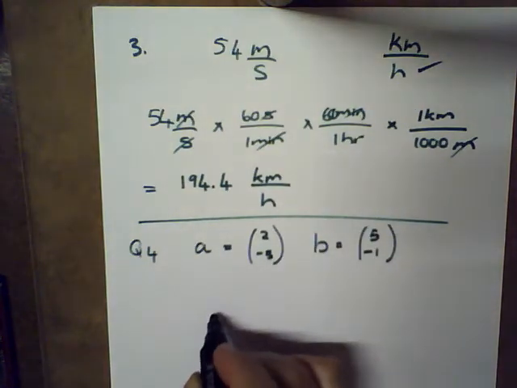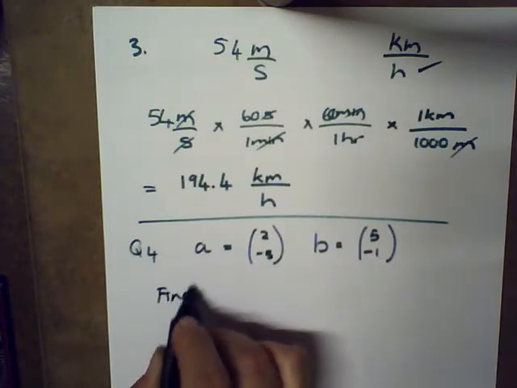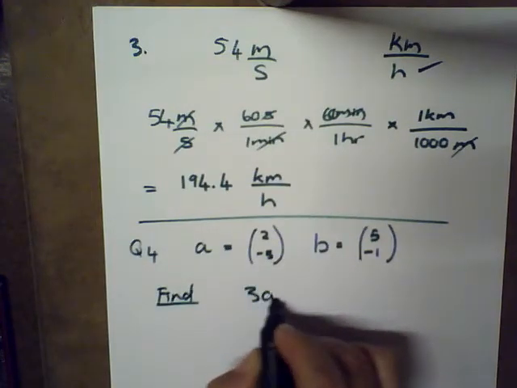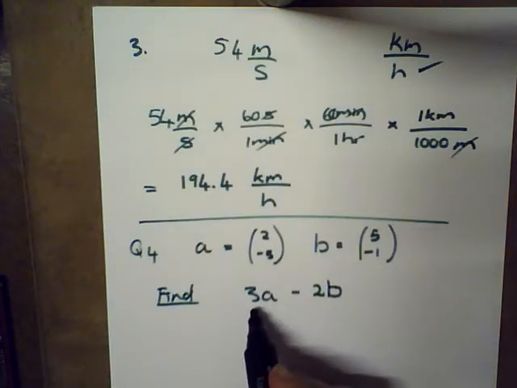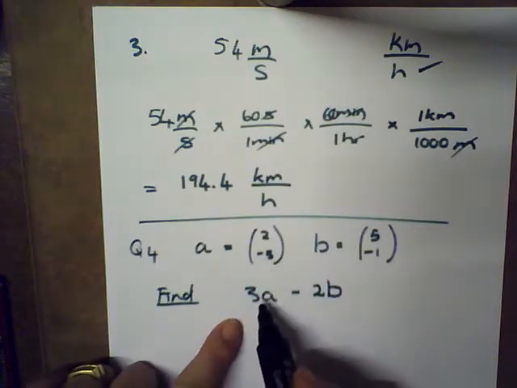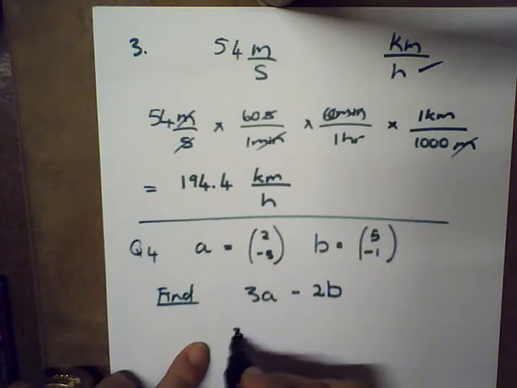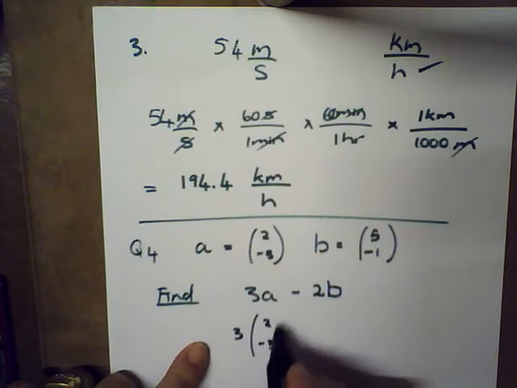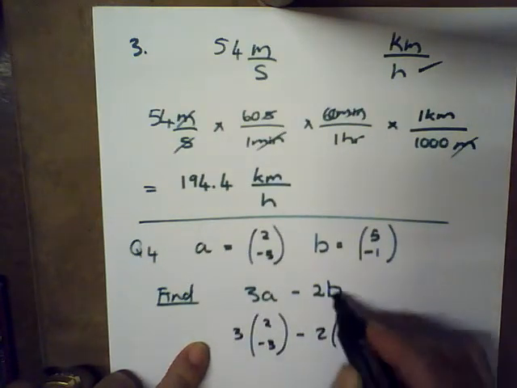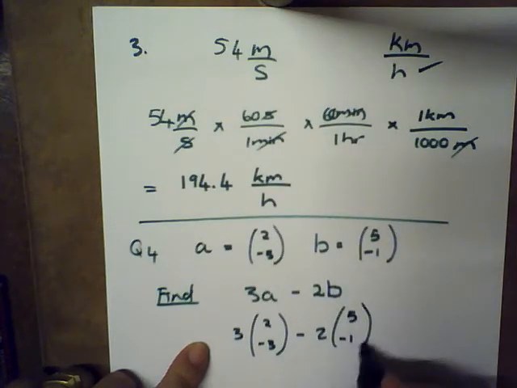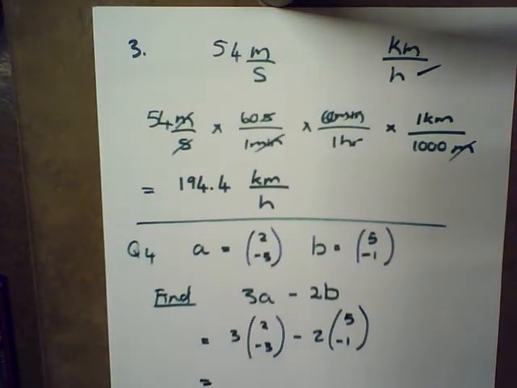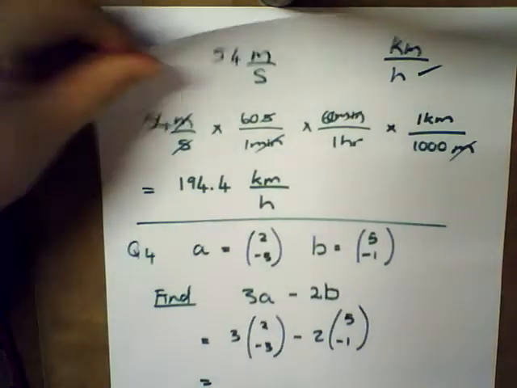And then they ask us to find 3a minus 2b. Okay, so that means I have to multiply a with a scalar 3. So (2, -3). And I have to multiply the vector b with a scalar 2. So (5, -1). Let me just move it up slightly.